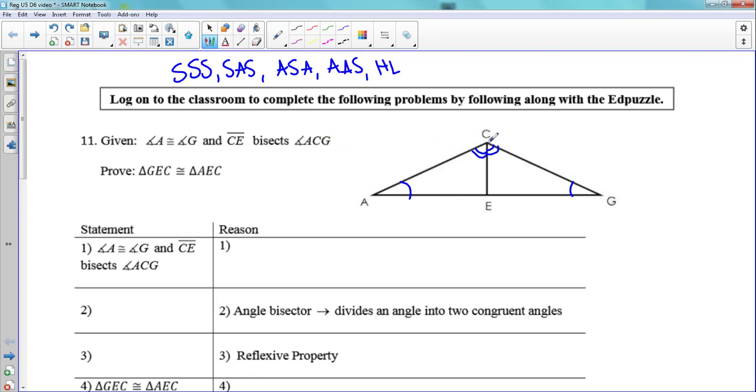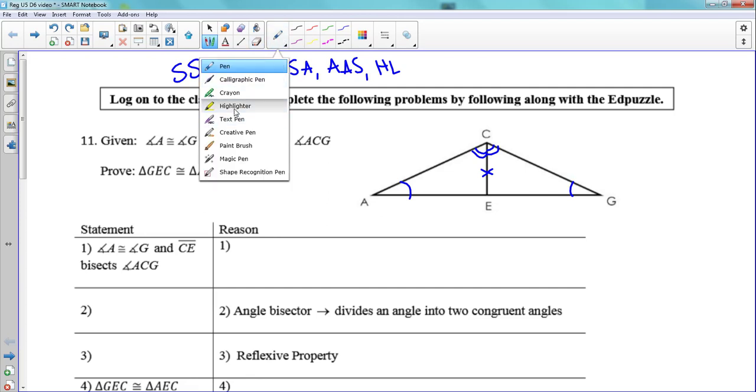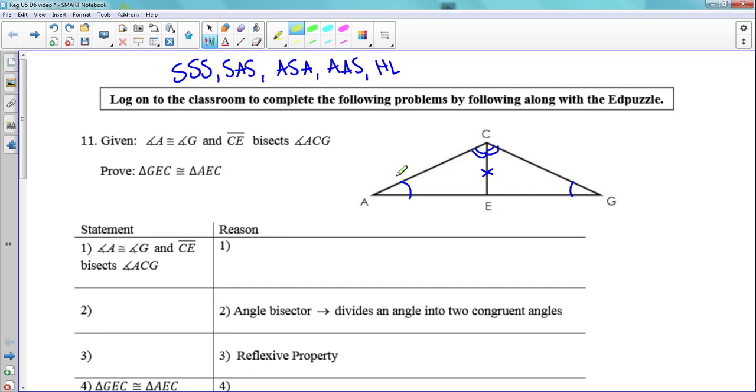I can, however, mark CE congruent to CE because that is a side that is completely shared in these 2 triangles by that segment CE. So now what I like to do is focus on just one of those triangles to try to decide on what method I'm going to use.